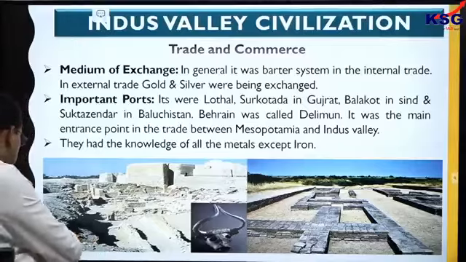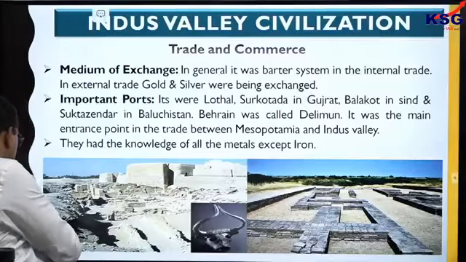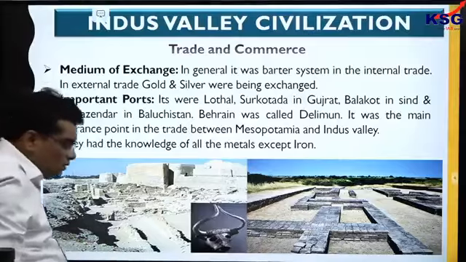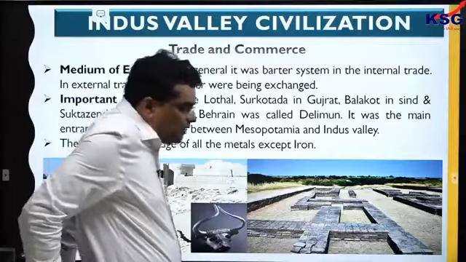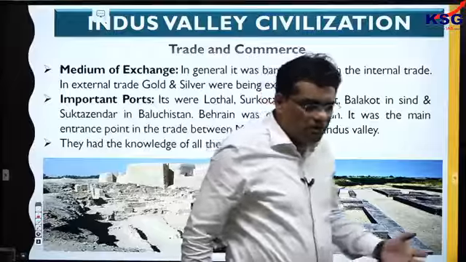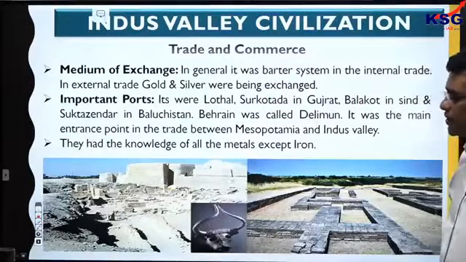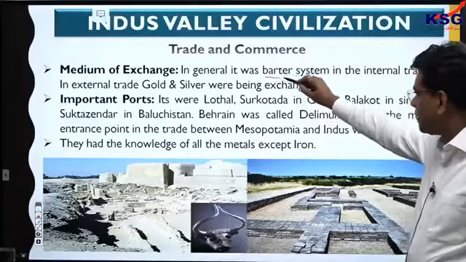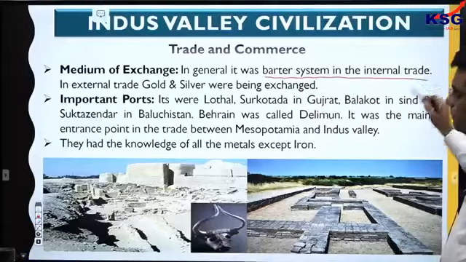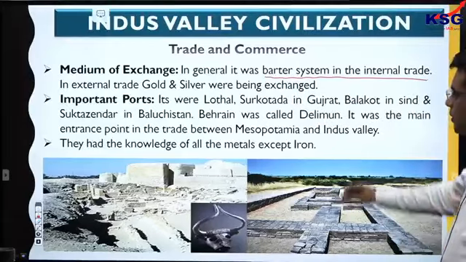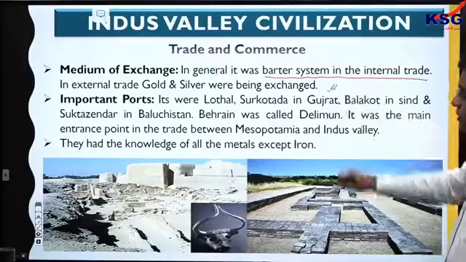Now you ask the question, what was the medium of exchange? You send something from here and the Mesopotamians, Egyptians, Sumerians send something from there. So the medium of exchange in general was a barter system in international trade. In external trade, gold and silver were also being exchanged.